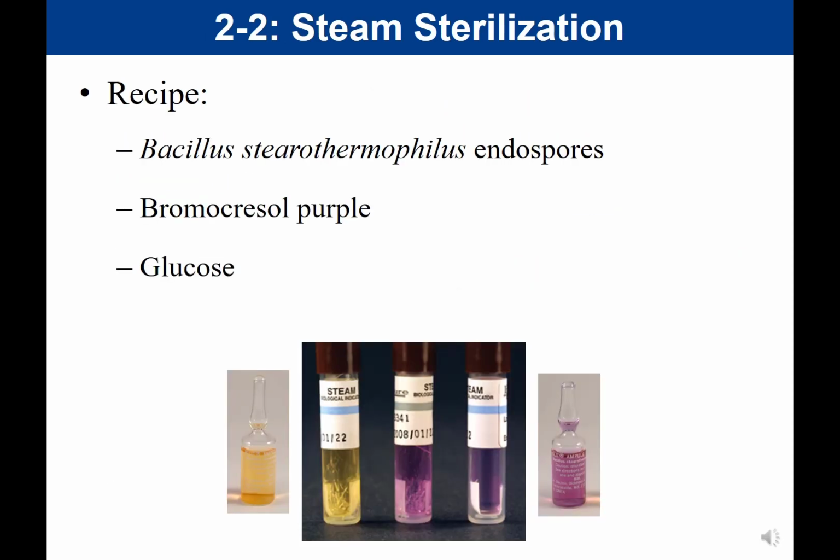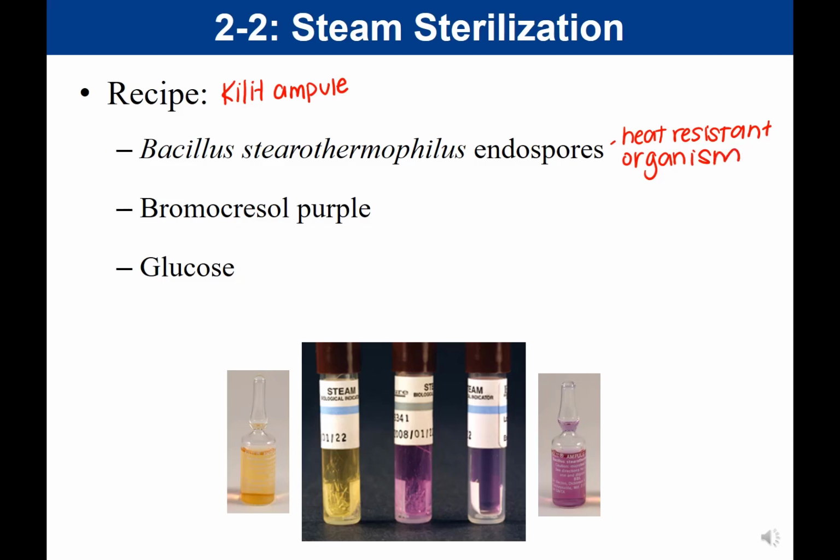So now let's talk about what is in our killet ampule. So this is our recipe for the killet ampule. And so what's in the killet ampule are Bacillus stearothermophilus endospores. And that's because this is a heat-resistant organism.